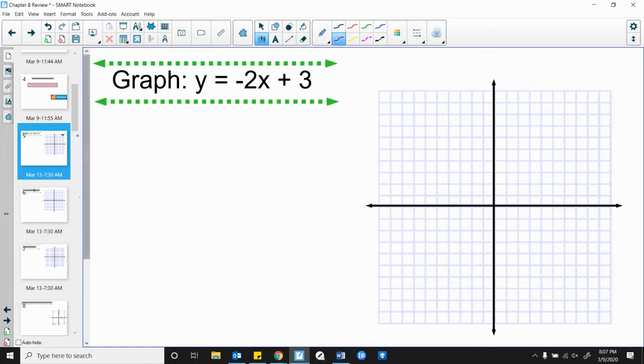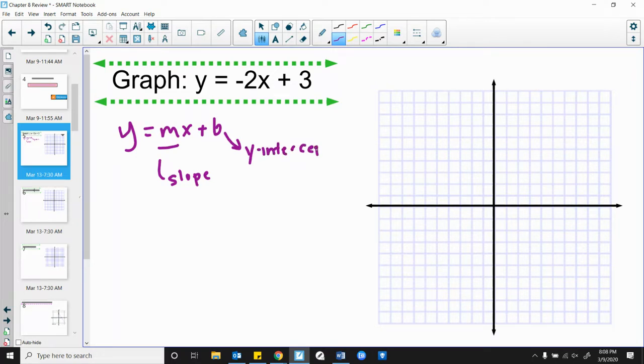Okay, so we've been doing a lot with y equals mx plus b, okay? With m being our slope and b being our y-intercept. Now, normally if I ask you to graph this, what are you going to do?